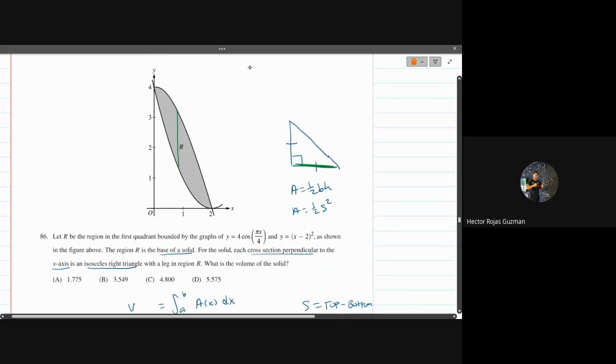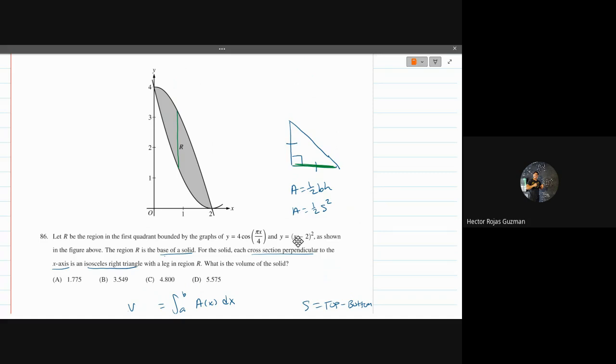Well, x minus 2 squared, that is a quadratic function with a positive leading coefficient. Cosine also has a positive leading coefficient, but cosine on the x-axis starts at its maximum, right? And then it goes down.